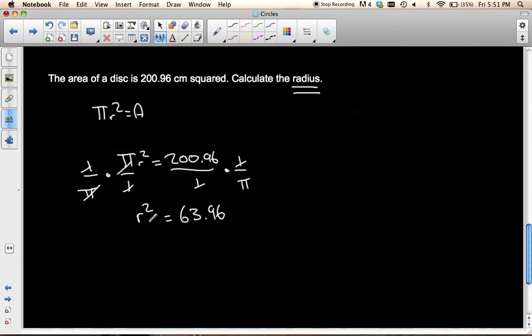We need to isolate r. We need to get rid of this squared. And the way we do that is we square root both sides of the equation. So the square root of the radius squared will give us the radius, and the square root of 63.96 is 7.99.